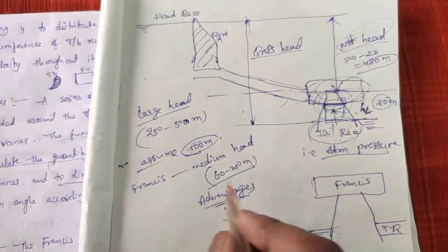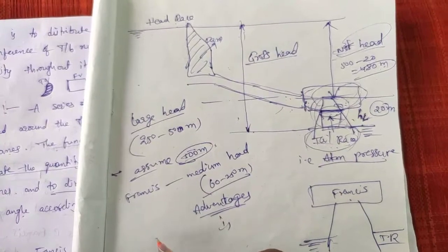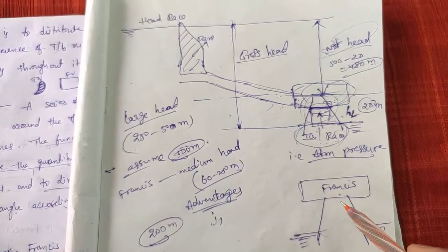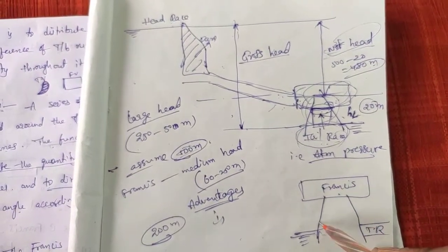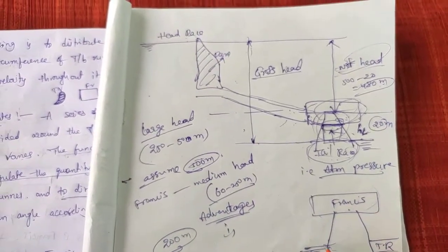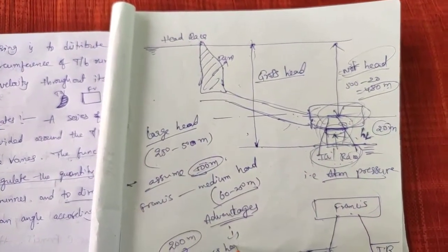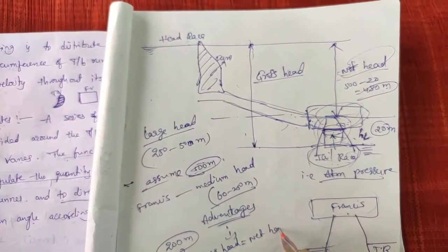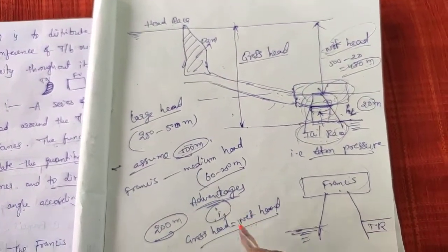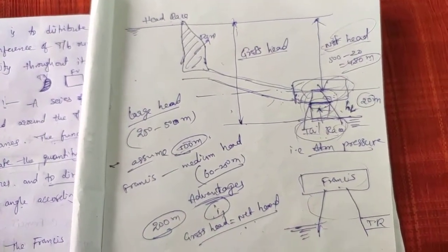Suppose in the Francis turbine we use a gross head of around 200 meters. The draft tube is an integral part of the turbine, and the difference between the tail race and head race gives the gross head. That means gross head is equal to net head in this situation, so there is no loss of head in the Francis turbine because of using the draft tube.